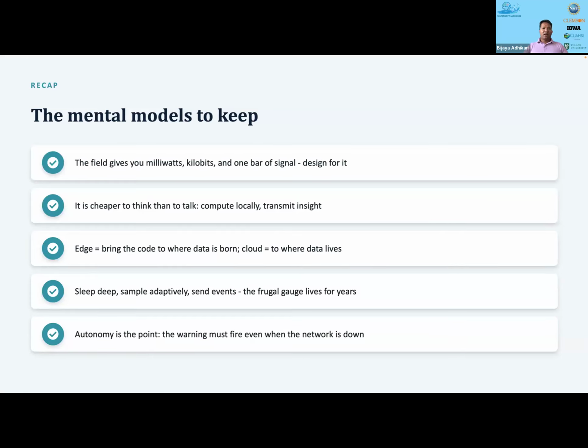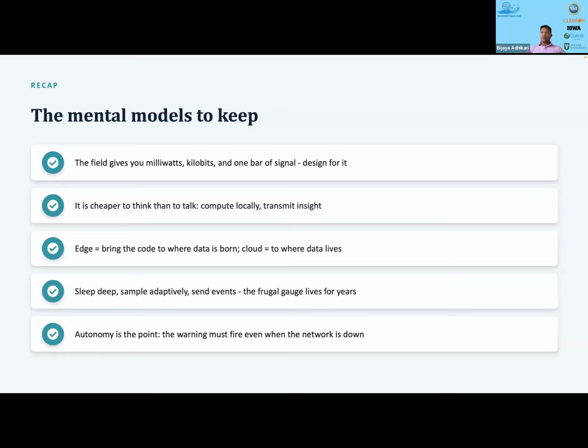But there is something that comes to our advantage, and it is that it's cheaper to compute than to transmit. So we might as well implement computational logic and transmit the final result or the insight. So edge basically means to bring the code to where the data is born.